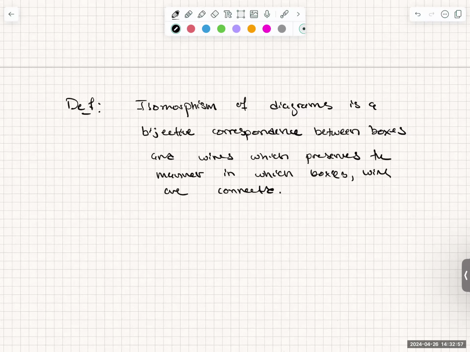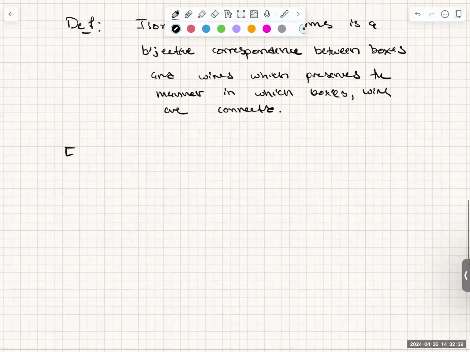So that would just be something very straightforward. Maybe I could have just given the example. It's kind of straightforward to see what's going on.